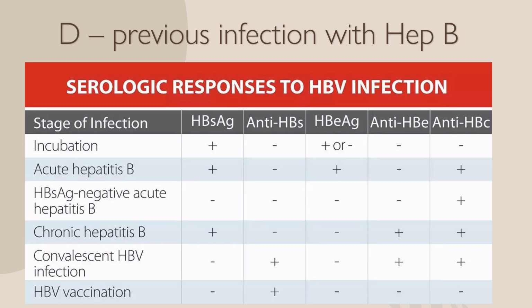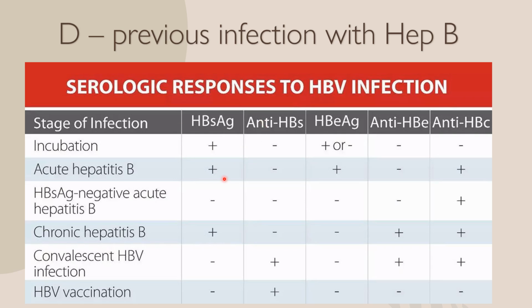So this is the serological response to HBV infection. So this is the stage of infection. Here we are decoding what happens with the surface antigen, what happens with your surface antibody, what happens with your E antigen, E antibody, and core antibody. So the incubation stage is when the patient is infected, but they have not started to manifest.